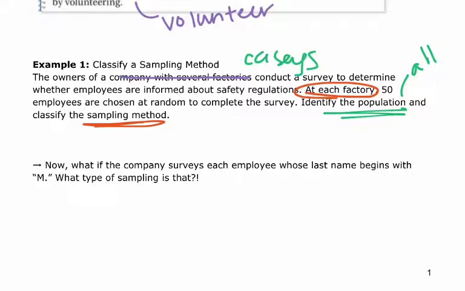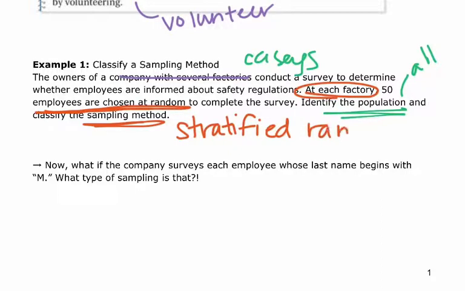So I am making sure that I get a person from each of those locations. So that makes it stratified because we're grouping first. Then 50 employees are chosen at random. So it is a stratified random sample.